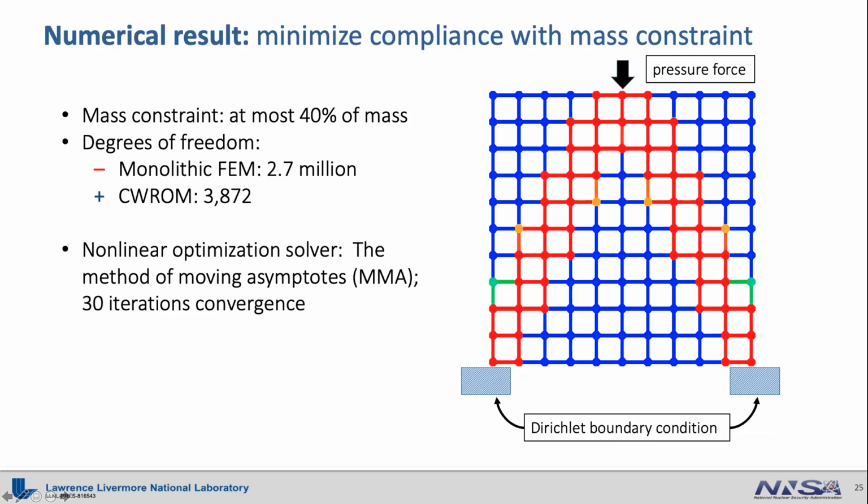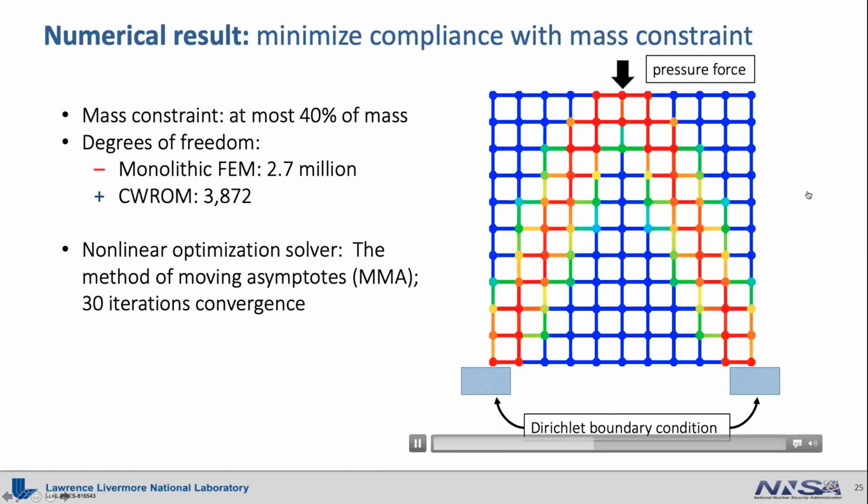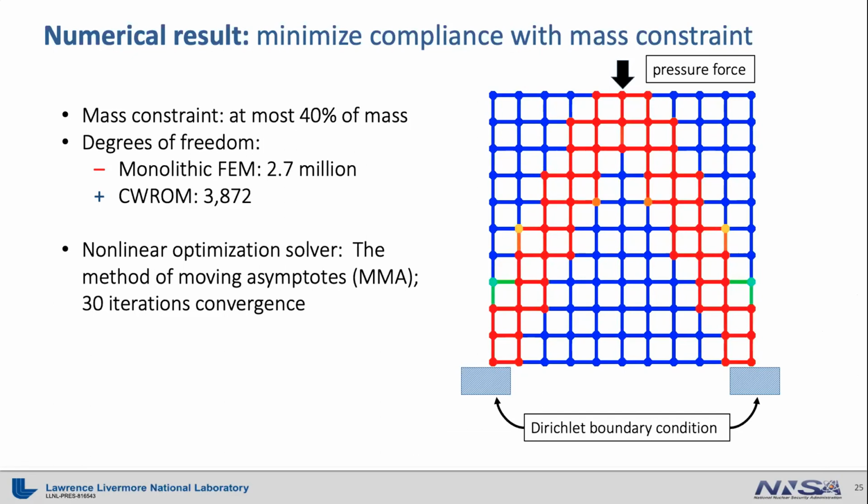As you can see from the movie, the optimization process is depicted by these evolutions. The red means you put the material, and blue means you do not put the material. And as you can see, it forms an optimal lattice structure.